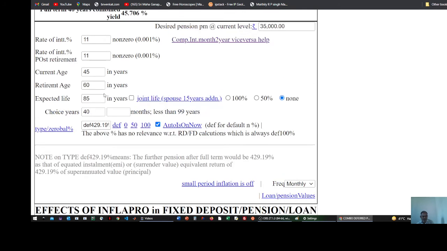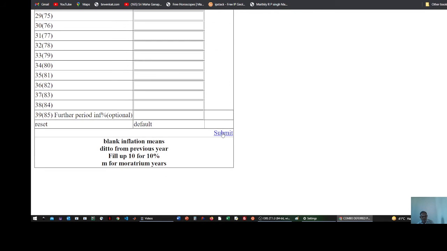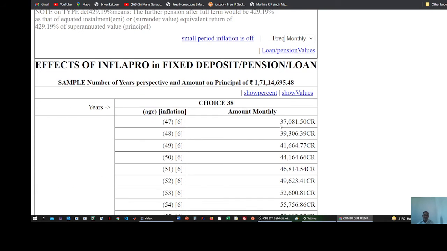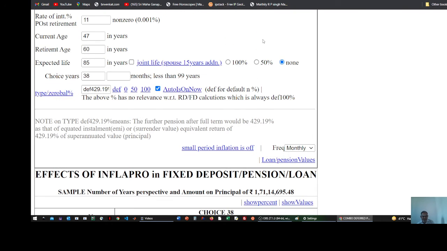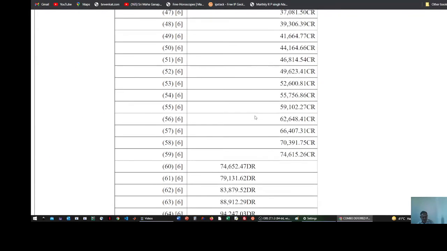Therefore, one can start at the age of 47 without moratorium and continue. Now the present investment is 37,000, slightly more than the pension we desired at the current level of 35,000 rupees.